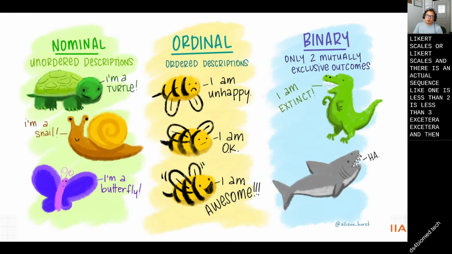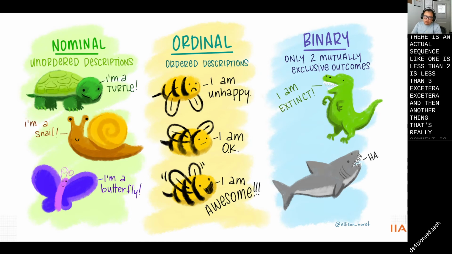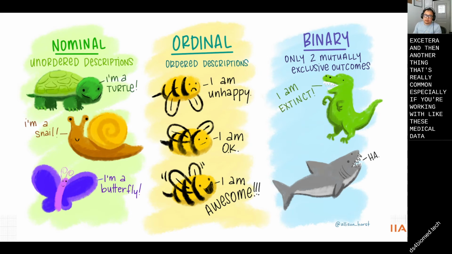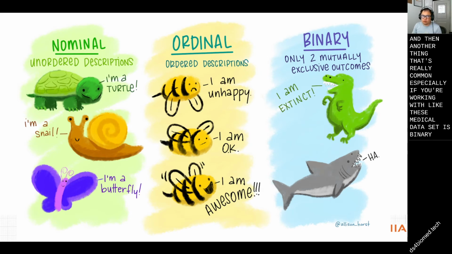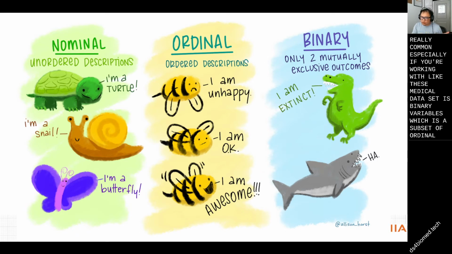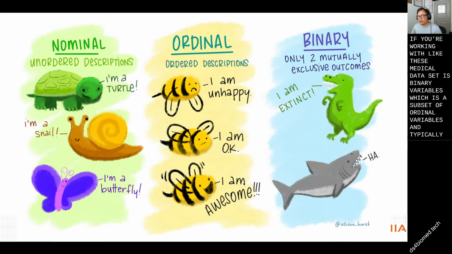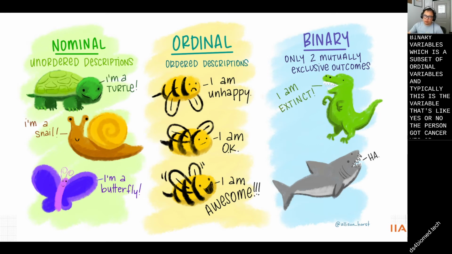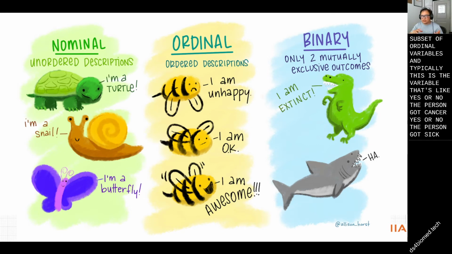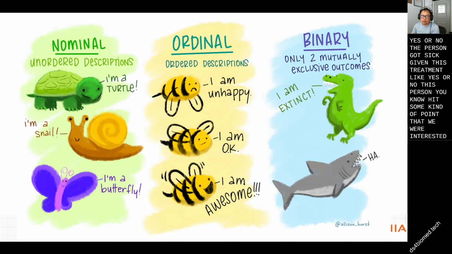And then another thing that's really common, especially if you're working with medical data sets, is binary variables, which is a subset of ordinal variables. Typically this is a variable that's yes or no: the person got cancer, yes or no; the person got sick given this treatment, yes or no; this person hit some kind of point that we were interested in seeing, right?